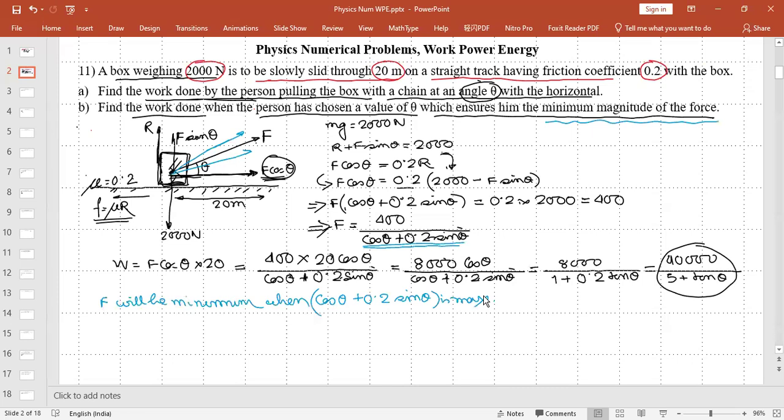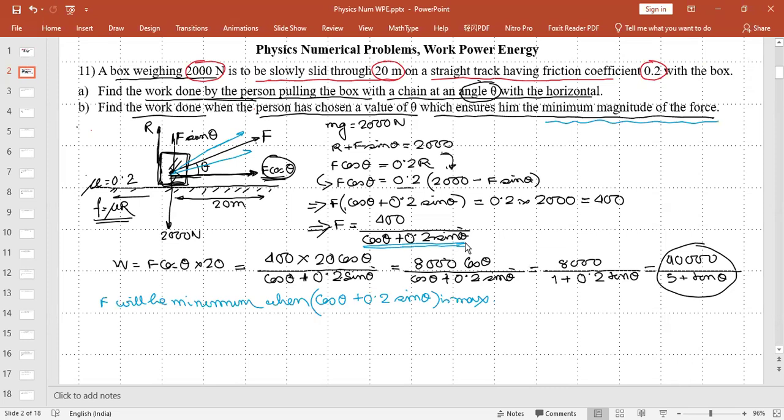Now, how do you find the maximum or minimum? I think you have already learned in your differential calculus classes that any function will reach a maximum when the differentiation of that function is zero.